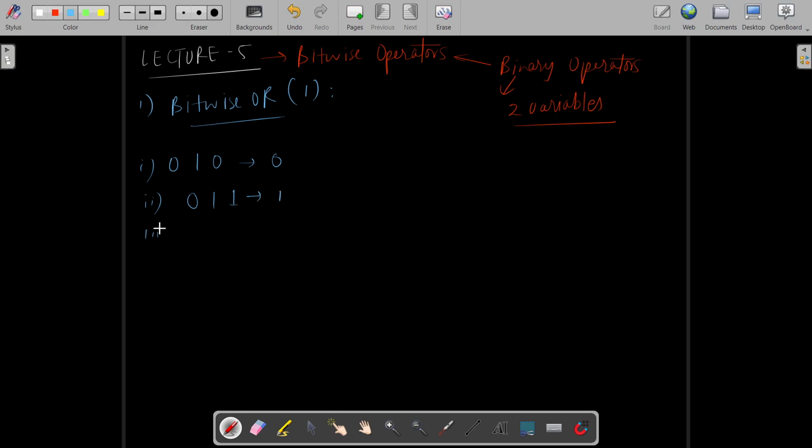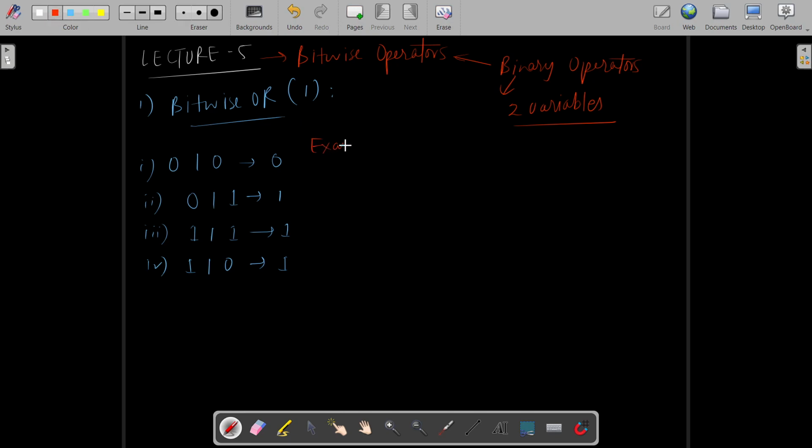Third, 1 OR 1 will give us 1. And the last rule, 1 OR 0, will give us 1 as well.